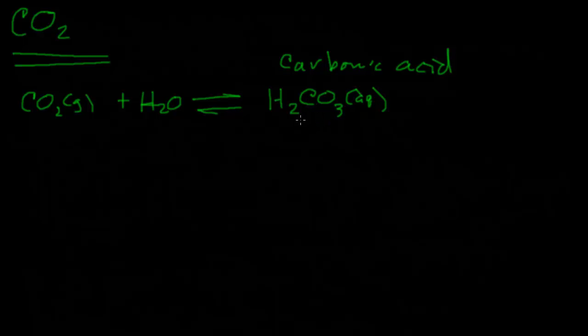But this carbonic acid is a good acid. So carbon dioxide dissolves in water to form this acid. This is relevant in talking about global warming and greenhouse gases because carbon dioxide reacts in this way with water, so water is actually a very good sink for carbon dioxide.